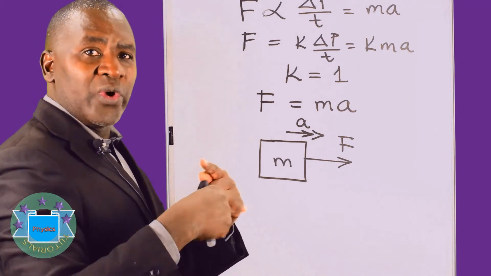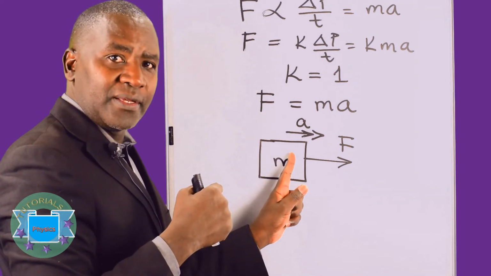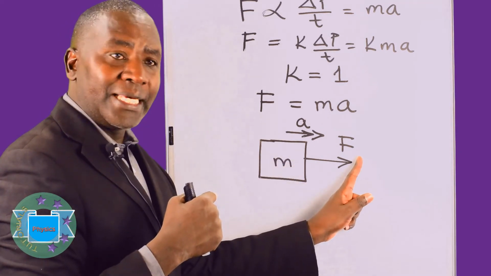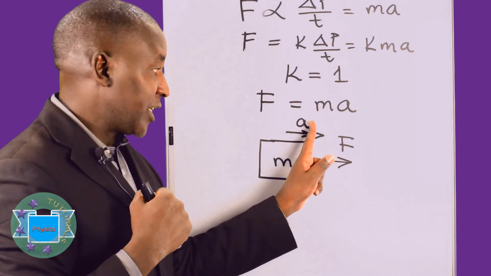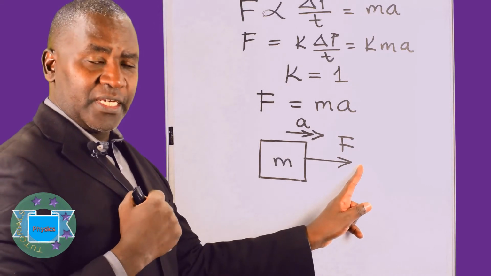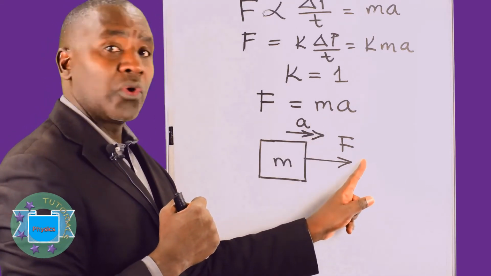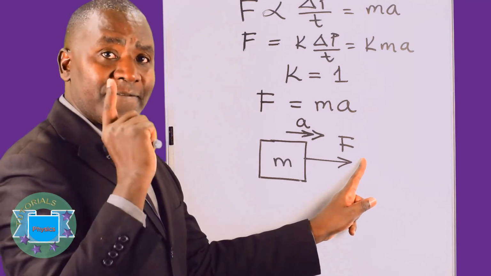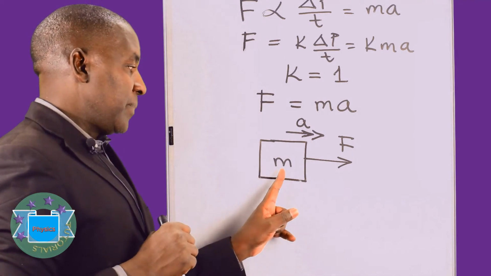And then we look at the effect of that force on the car. When more force is applied, there will be higher acceleration. So you can see the acceleration is caused by the force. In such a situation, we say the acceleration is dependent on the force. That's the first thing that I want you to identify.